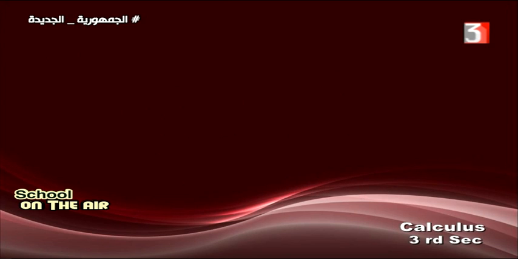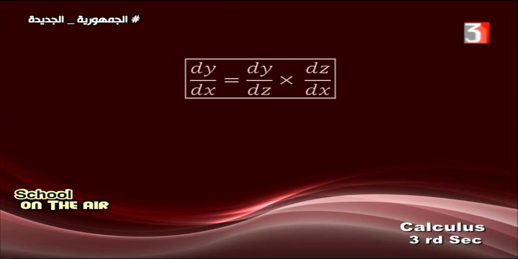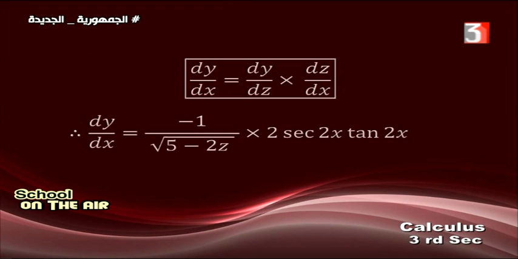Now the chain rule: dy/dx equals dy/dz multiply dz/dx. Then dy/dx equals negative 1 over square root of 5 minus 2z multiply 2 sec 2x tan 2x.